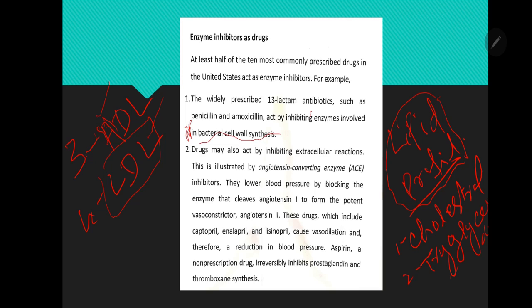These drugs include captopril and many others. They cause vasodilation and therefore a reduction in blood pressure.